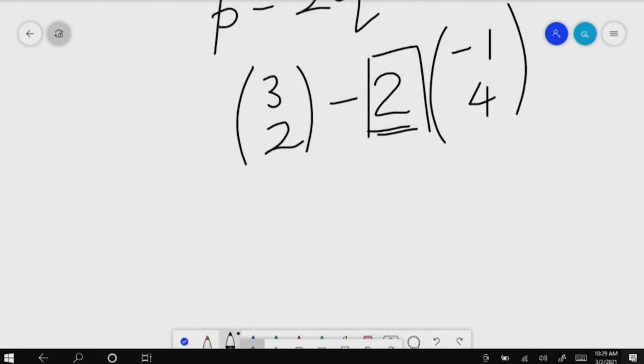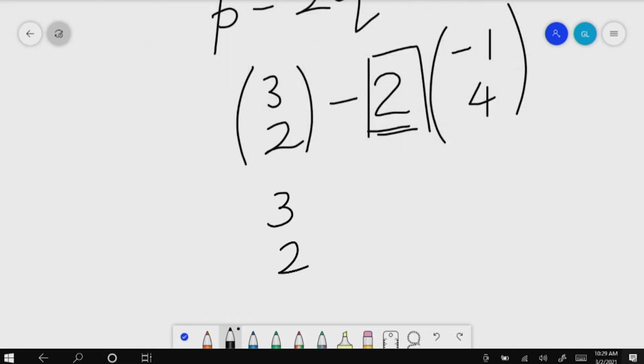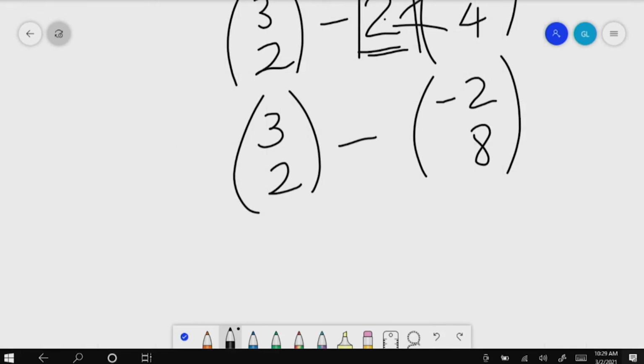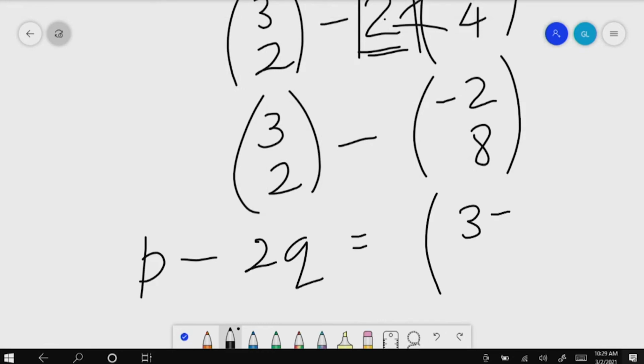Now this is a scalar multiplication of vector Q. So in further simplifying, this would be 3, 2 minus the scalar multiplication, which would be minus 2, 8. That is 2 of minus 1, 2 of 4. In further computing these two vectors to show the result of P minus 2Q, this would equal 3 minus minus 2 and 2 minus 8.